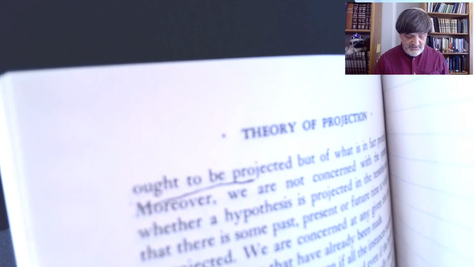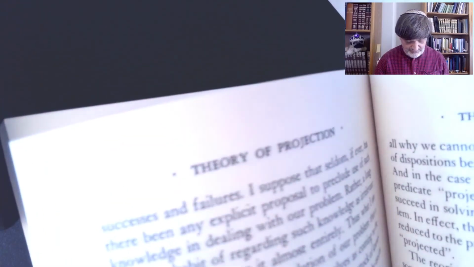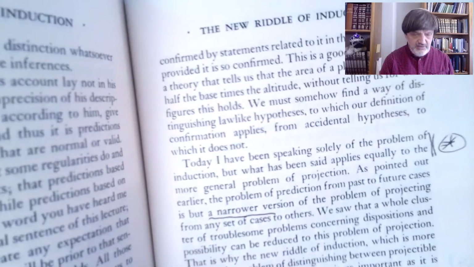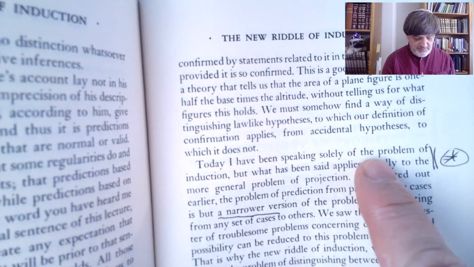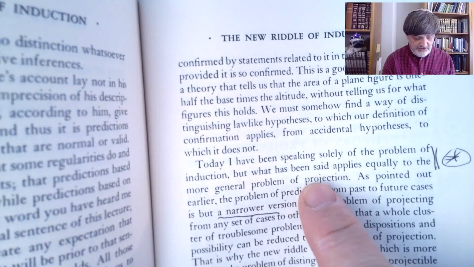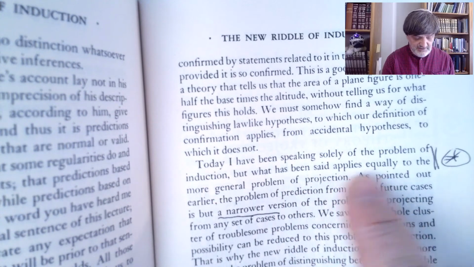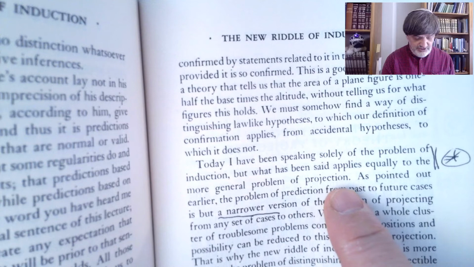Right, so to begin with, when Goodman switches to talking about induction, he says that induction is evidently a similar problem to the problem he's been discussing so far about projection. But when he gets to the end of chapter 3, he says, "Today I have been speaking solely of the problem of induction, but what has been said applies equally to the more general problem of projection.